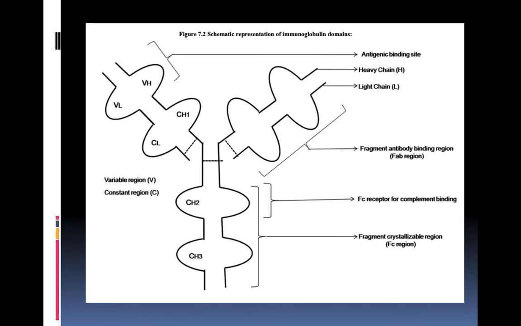So another important concept that we need to touch base on, I have to mention this. Like most other proteins, the heavy and the light chain are formed inside the cells, of course, inside the plasma cell's organelles, particularly the rough endoplasmic reticulum.